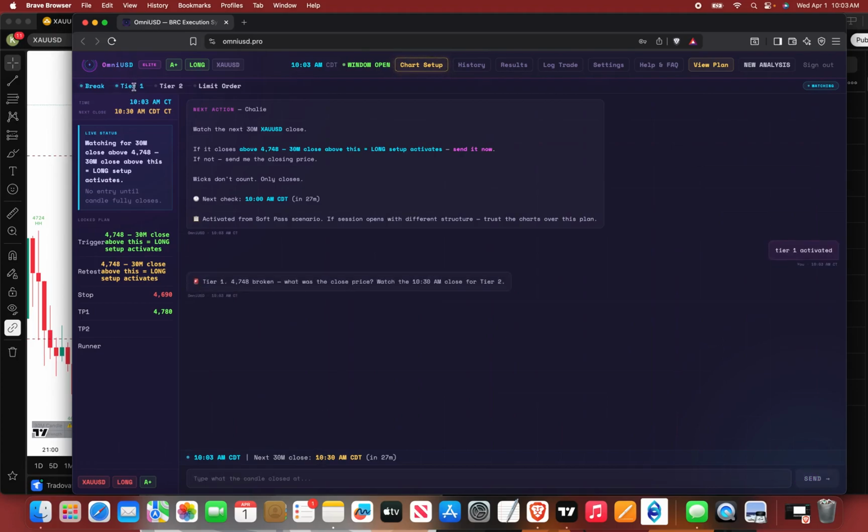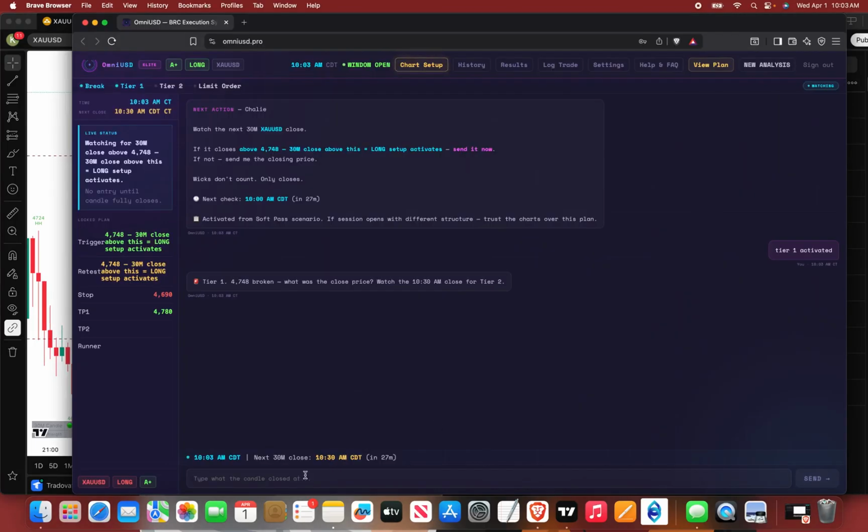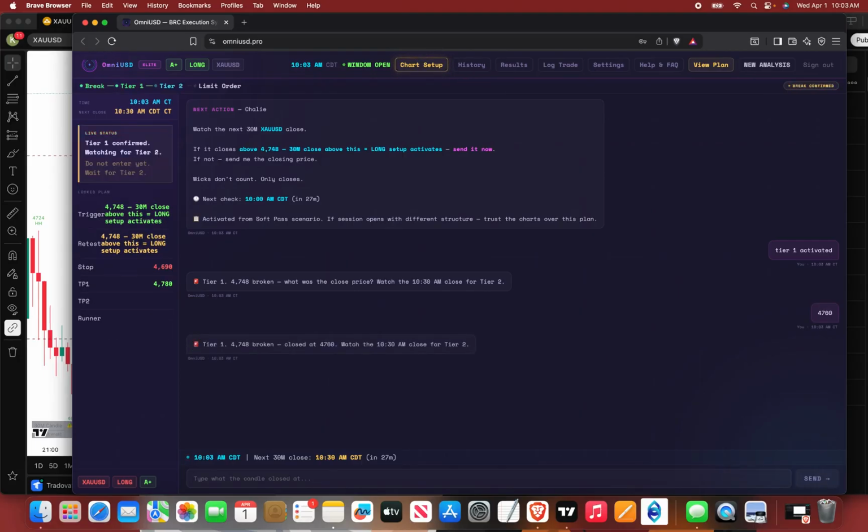That should light up. What was the close price? They want to know the close price, guys. Let's tell it. For gold, it was right here, which is 47.60. There we go. Tier 1 activated. We got that in.